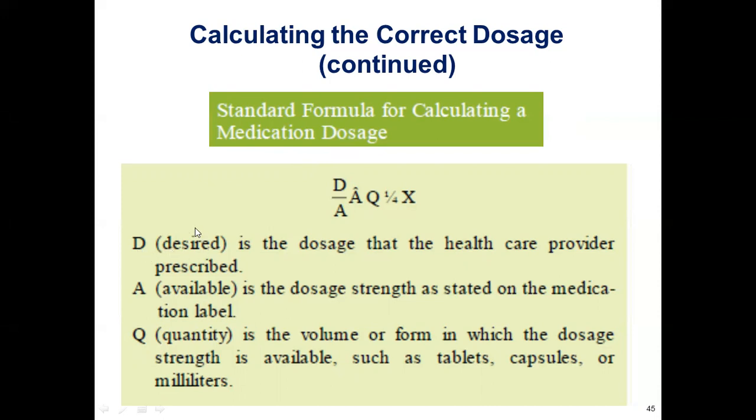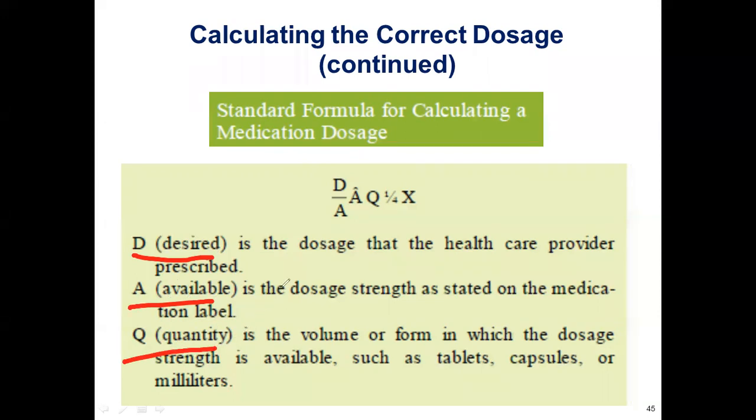So D for desire, A for available, and Q for quantity. I want to give an example: D for desire, A for available, Q for quantity or amount.